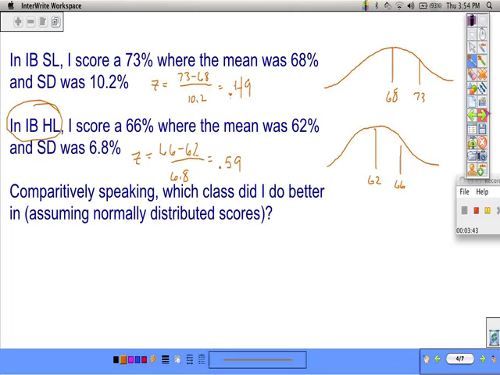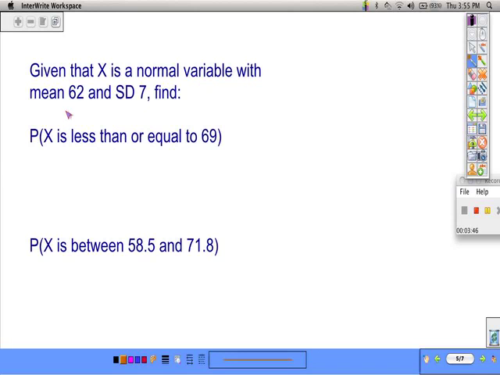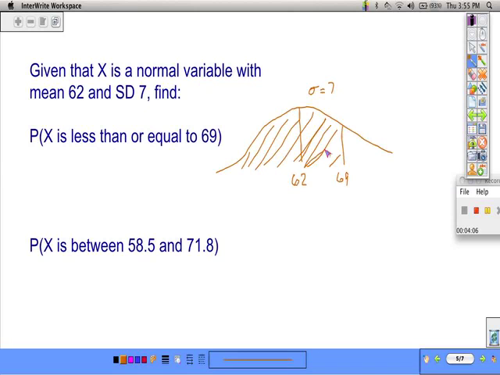So now we're going to find some probabilities. And I find it very helpful to draw these pictures. Put the mean in the middle. The standard deviation is 7. And we want to be less than or equal to 69. So we're finding that entire area, that probability. And what I'm going to do is change 69 into a z-score. And this z-score is equal to 1.